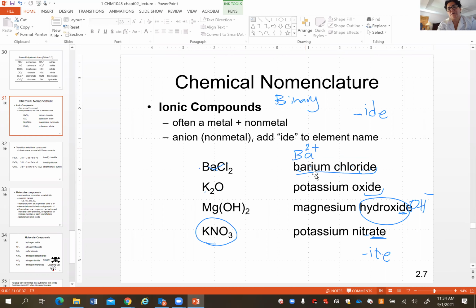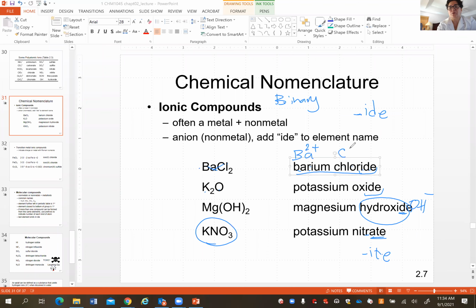Barium chloride is an ionic compound made of ions. So first you need to find out what the ions are. The ion for barium, because it's a metal, is Ba2+. What's the formula for the chloride ion?